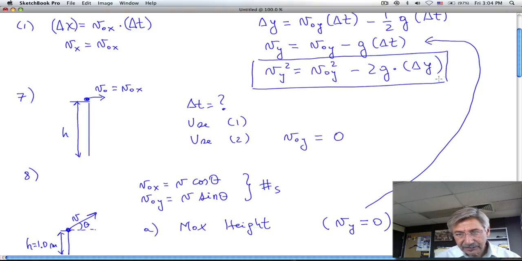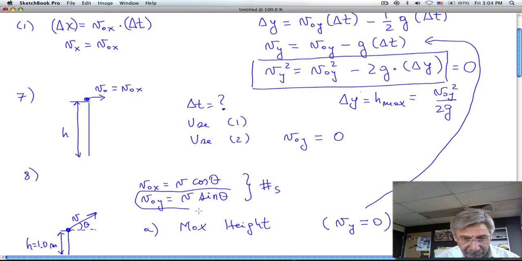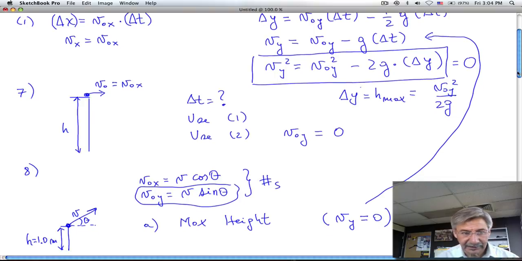Or you could come directly here, because this equation tells you the following: if the vertical component of the velocity is 0, the maximum height will be given by v0y squared over 2g. And you already know what v0y is, so you are done in that problem.